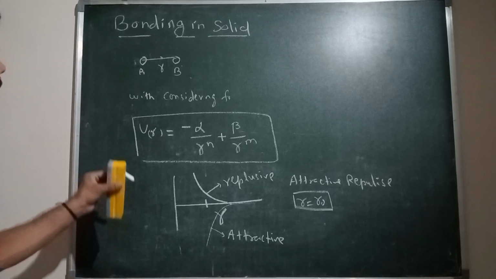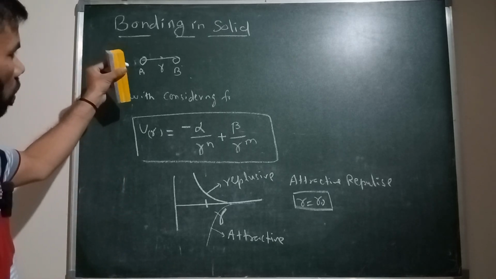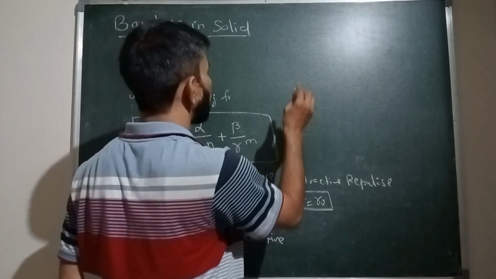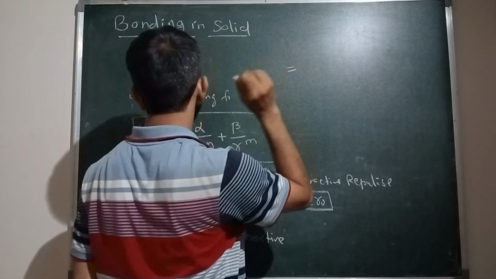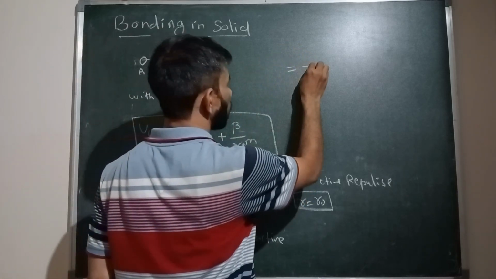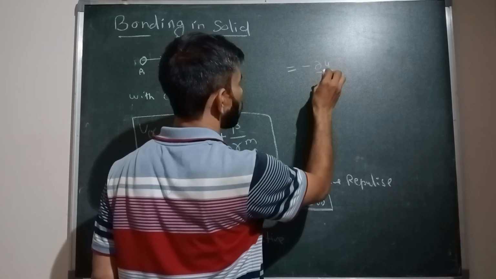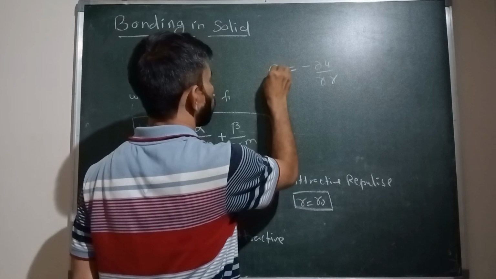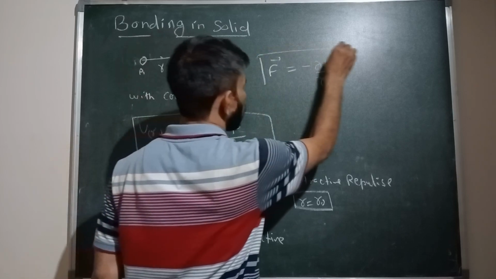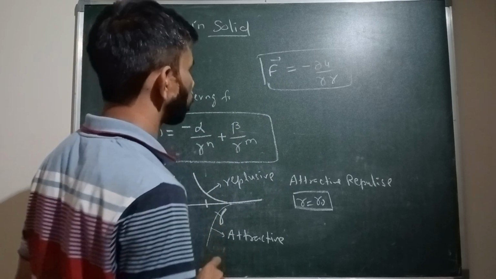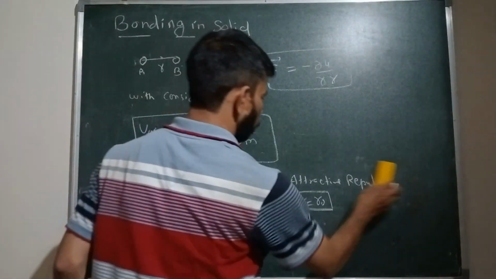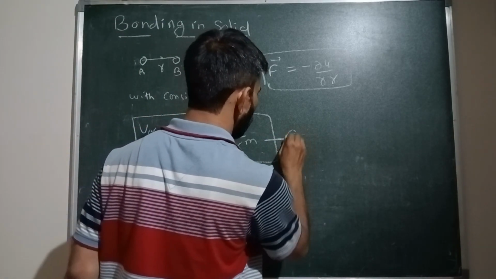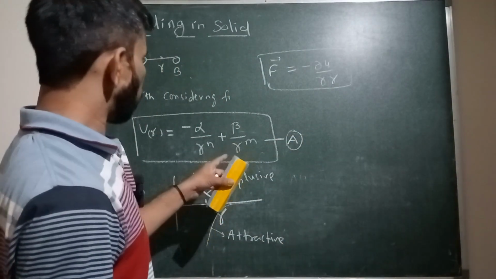First we have seen the force between these two atoms, which is the negative gradient of the potential energy. The negative gradient of potential energy is known as the force between these two atoms. Sometimes this is considered equation 1.